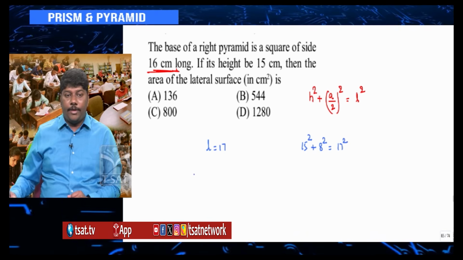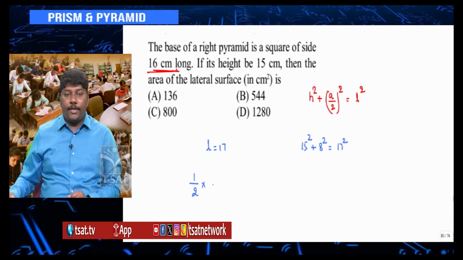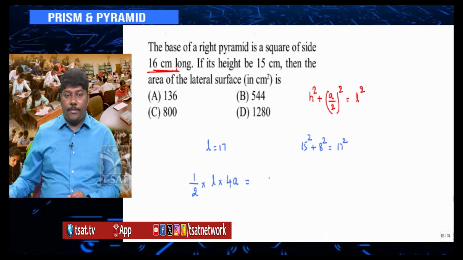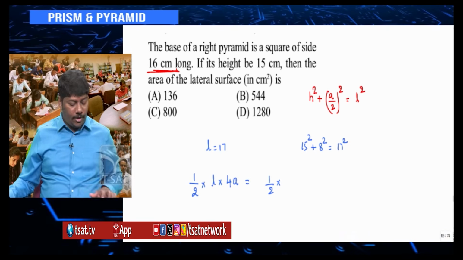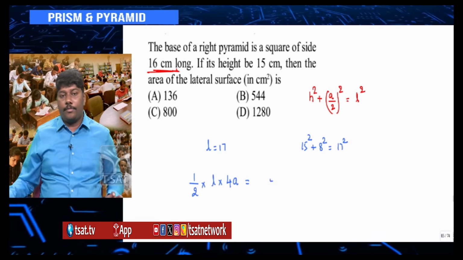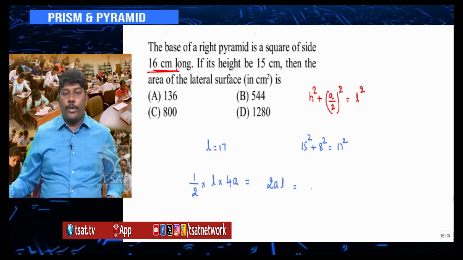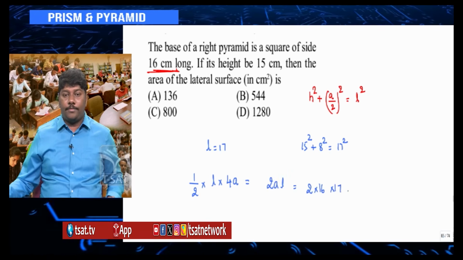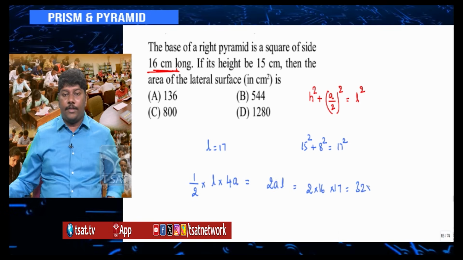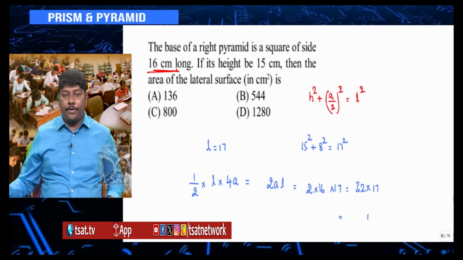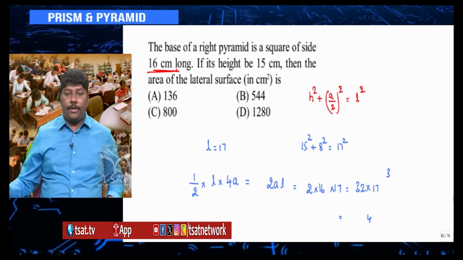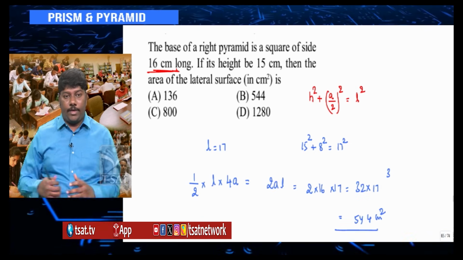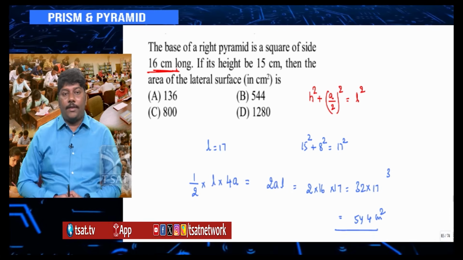If the slant height is 17, we know half into slant height into base perimeter, half into 17 into 4a, or else you can say 2AL. 2 into a value 16, L value 17. 32 into 17 is 544 centimeter square, which is the lateral surface area.